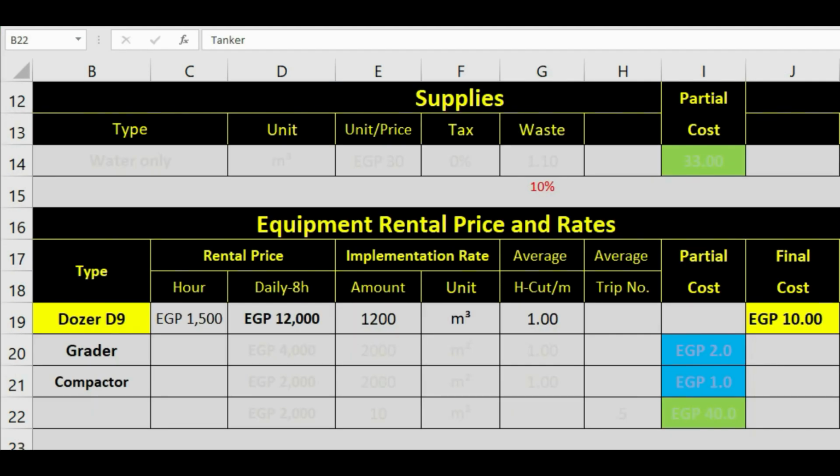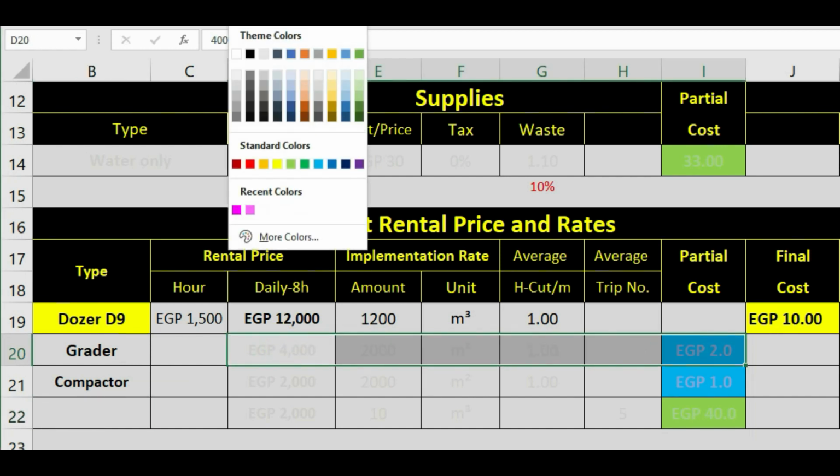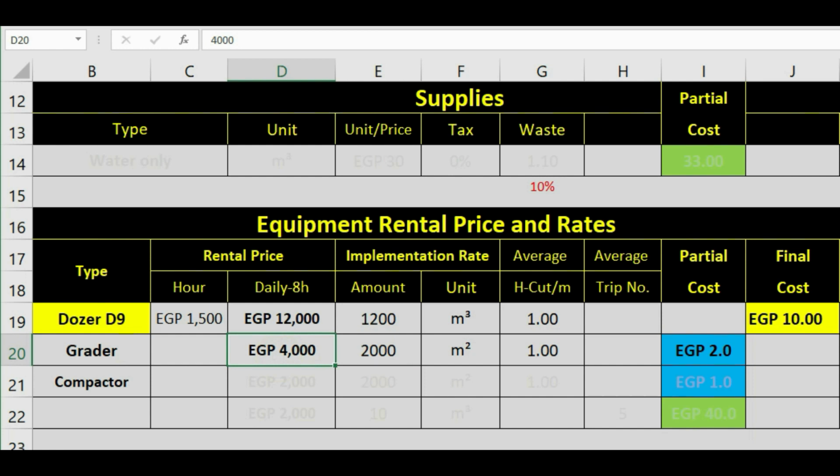After reaching approximately the bottom of subgrade by dozer, a grader and compactor are needed for grading or final level adjustment. If the daily rent of the grader is 4,000 Egyptian pounds and the implementation rate in 8 hours is 2,000 square meters, be careful, our item is in cubic meters.